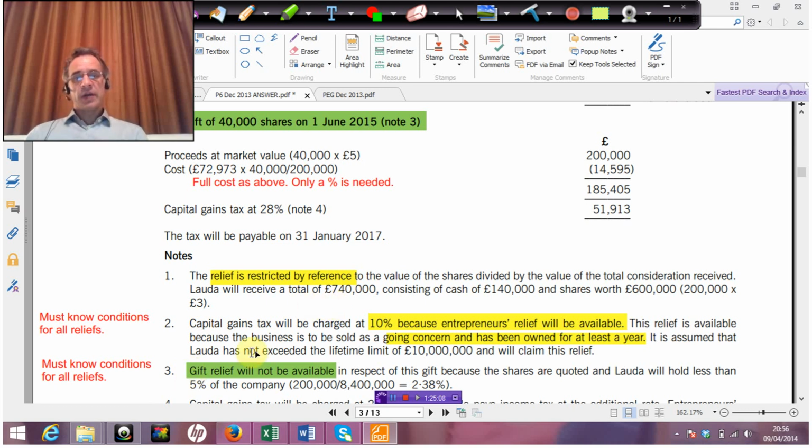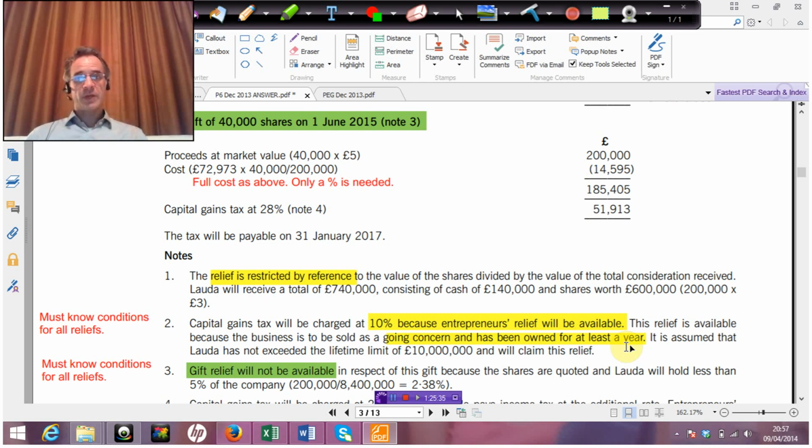Okay, now it might have been easy to miss ER completely. That's not a problem. If we'd multiplied by 28%, we're not going to lose a massive number of marks, but we did need to get a CGT payable figure. As I've said, the reason ER is available is that a business is being sold, it's a going concern, and it's been held for at least a year. Those are the only conditions for ER in relation to a sole trader business or indeed a partnership.